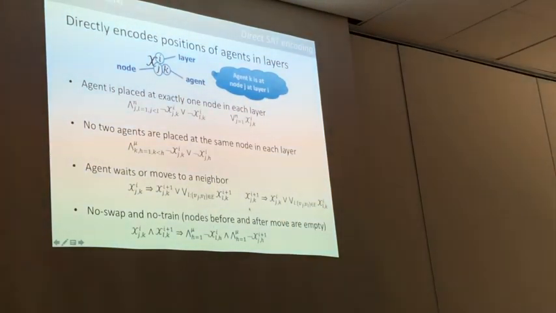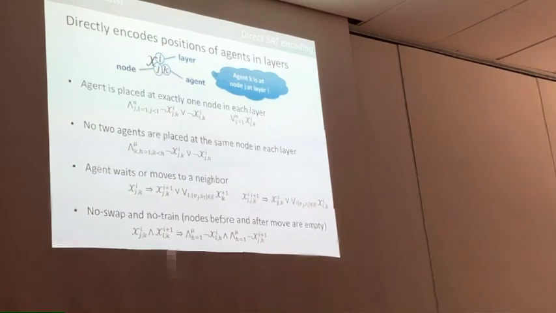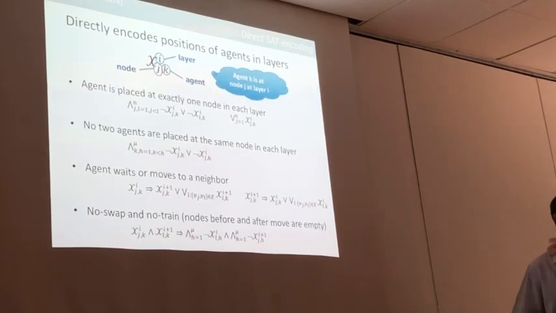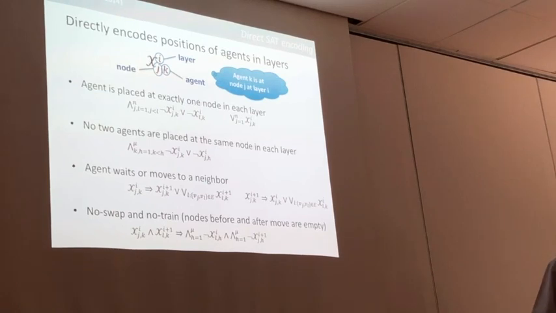Okay, so it means that if I go from J to L, then L was free the step before, so it was empty, and J will be free the next step, right? So it's like I move the agent, so one of these nodes will remain empty always. Okay? So this is a direct encoding. You can see it's really direct, so it's a conjunctive normal form, Boolean variables only.